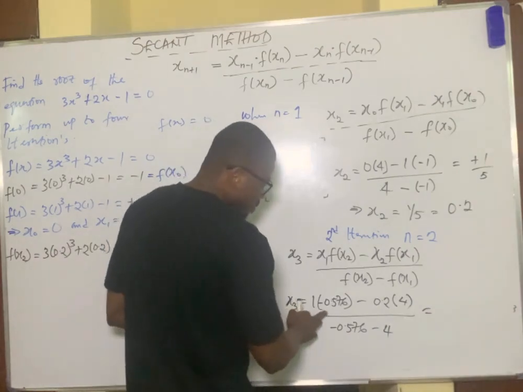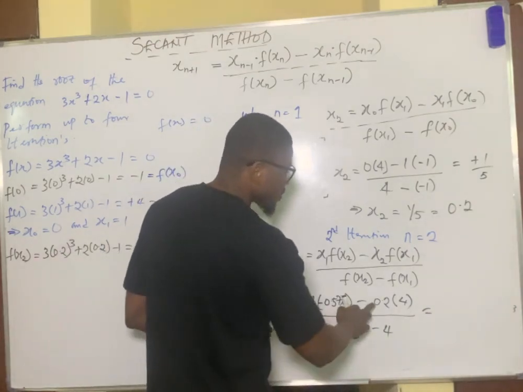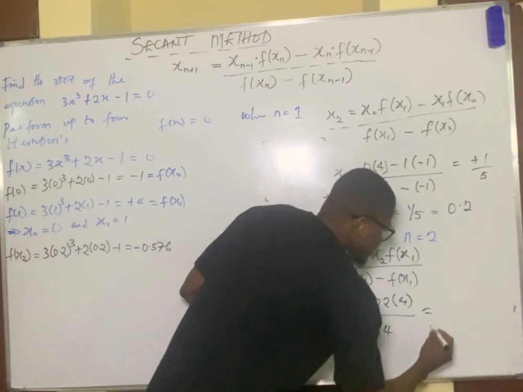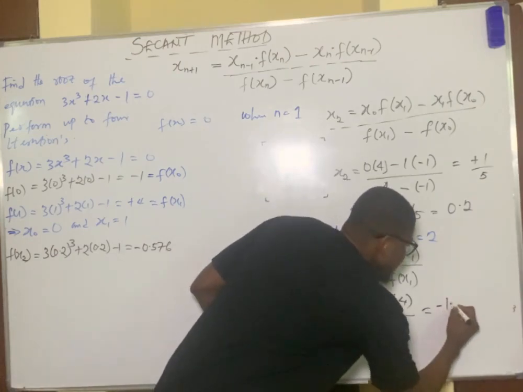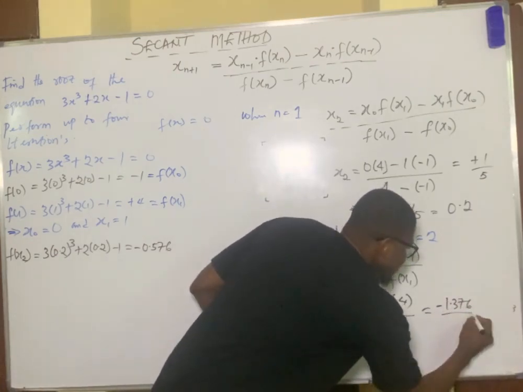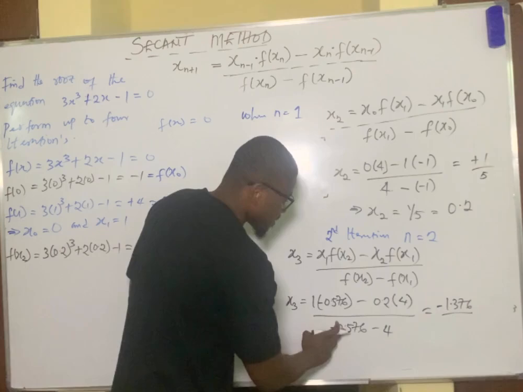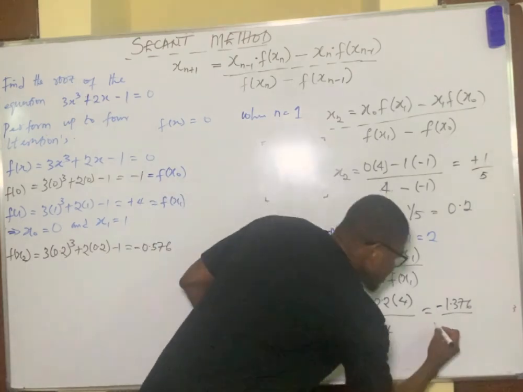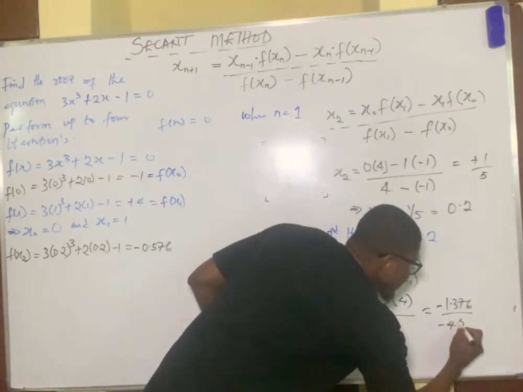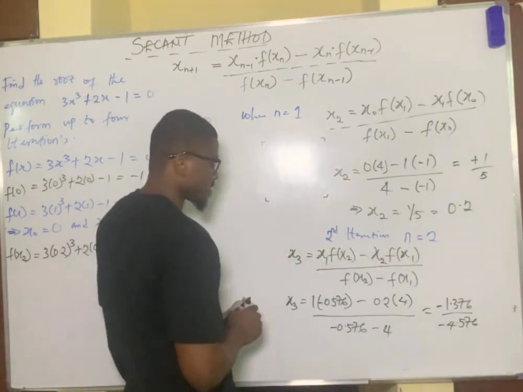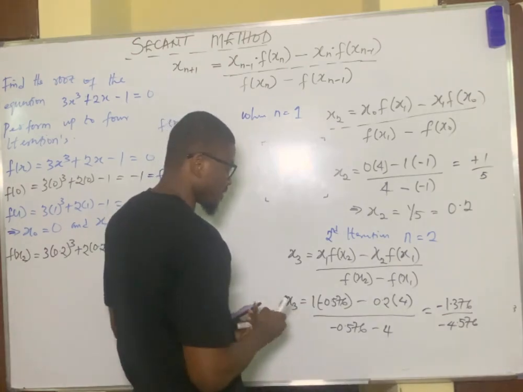This is going to be equal to, let's evaluate everything at the numerator. 1 times negative 0.576 minus 0.2 times 4 simply gives us negative 1.376 at the numerator. So we have negative 1.376 divided by, at the denominator, negative 0.576 minus 4 gives us negative 4.576. So let's evaluate negative 1.376 divided by negative 4.576.